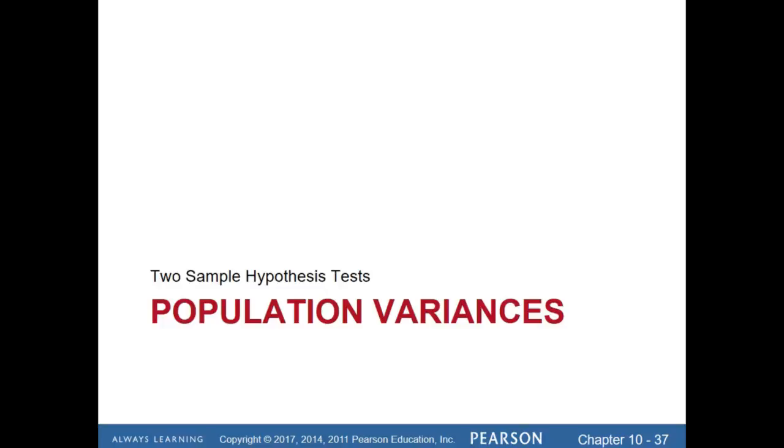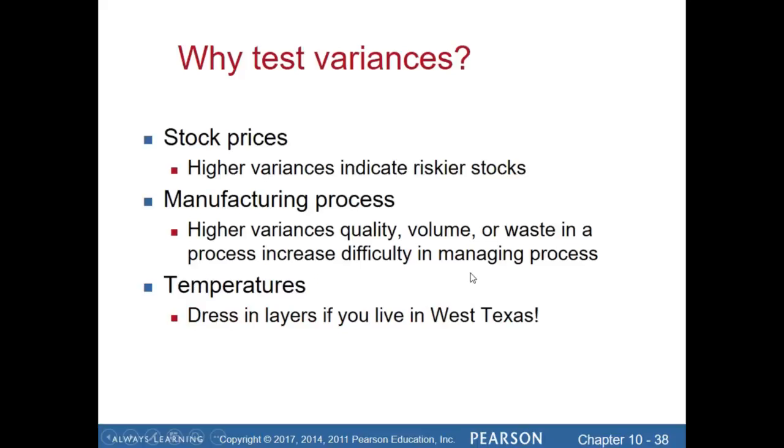And probably a good question to ask is, well, why do we really care whether population variances are different from one population to another? There's a fair number of reasons why we might want to evaluate how variances of populations differ from one another. Stock prices is a pretty good example here. Variance in the price of a stock is generally associated with higher risk.